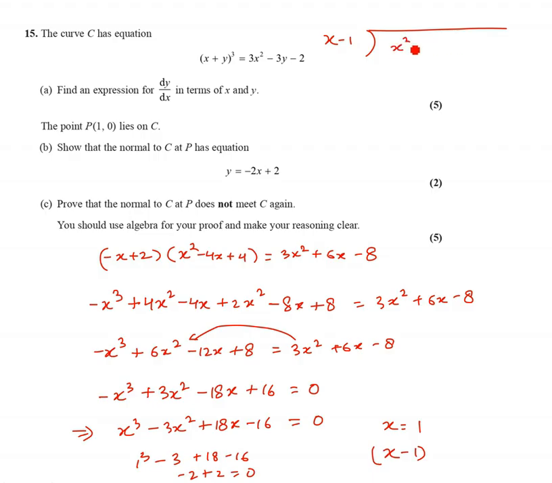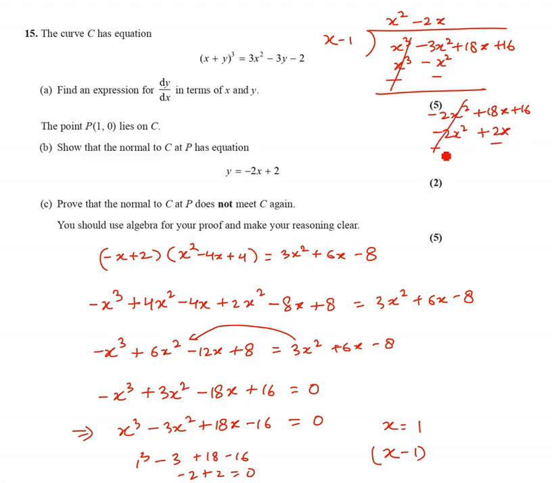You have x cubed minus 3x squared plus 18x minus 16. So we do x squared times x will be x cubed minus x squared. Then we subtract, so this cancels. Minus 3x squared plus x squared will be minus 2x squared. Bring that down, 18x minus 16. Then we do minus 2x, so it will be minus 2x squared plus 2x. Then you subtract again, so this becomes 18 minus 2 is 16x.